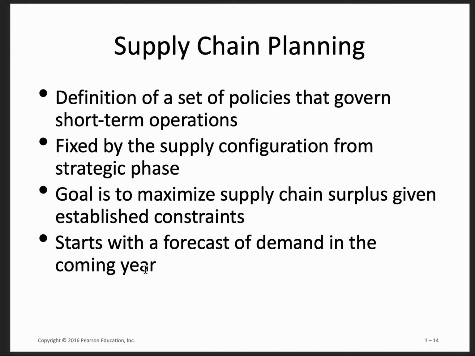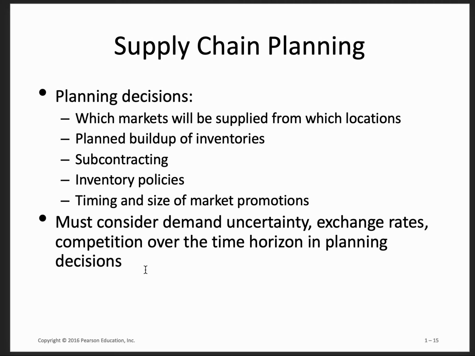One of the first steps is forecasting demand for the upcoming year, and then making decisions based off of that. Planning decisions include which markets we will be supplying, if we are doing any subcontracting, what the inventory policies are, and the timing and size of market promotions.